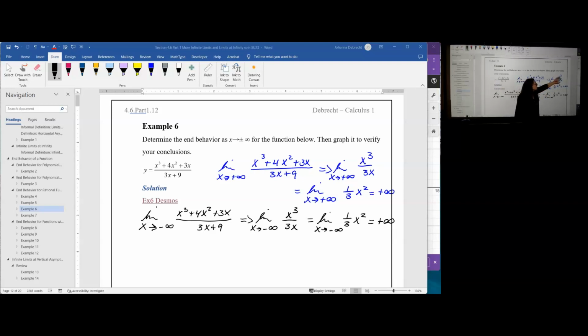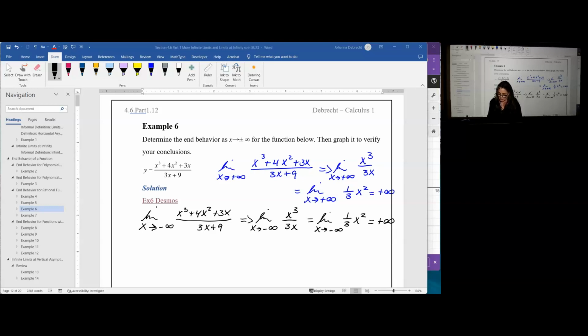When I reduce the x cubed over 3x, I get 1/3 x squared. I know because it's a power function type where the power is even that it goes to positive infinity. When I look at it as x approaches negative infinity, everything is the same to the end. And again, because it is an even power, it also goes to positive infinity.